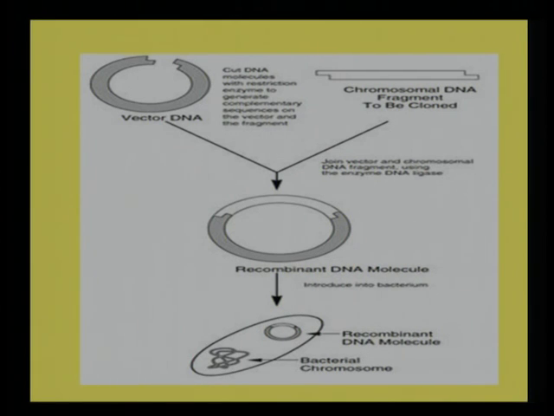The introduction of these recombinant vectors into the host may require one of various techniques. The techniques may require electroporation methods or treatment with calcium chloride that may increase the porosity of the cell towards the recombinant DNA molecules.